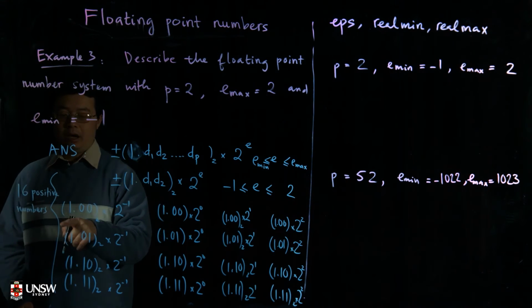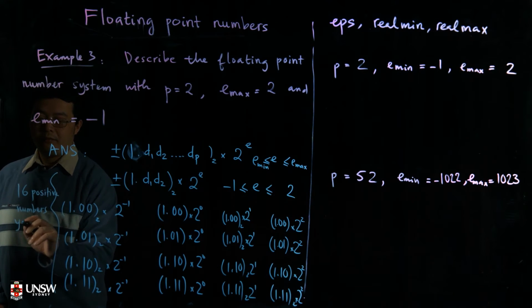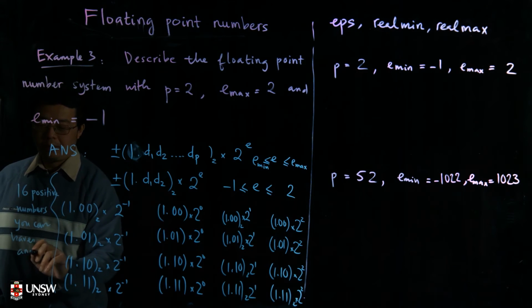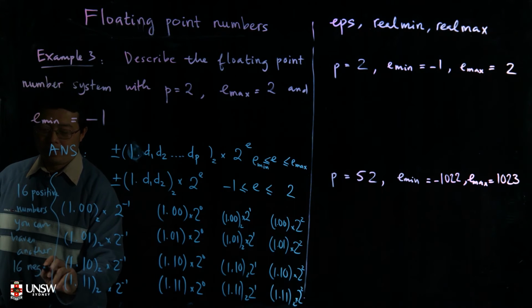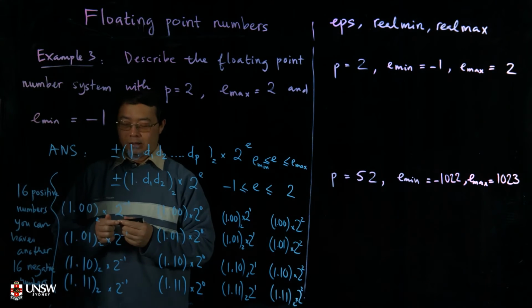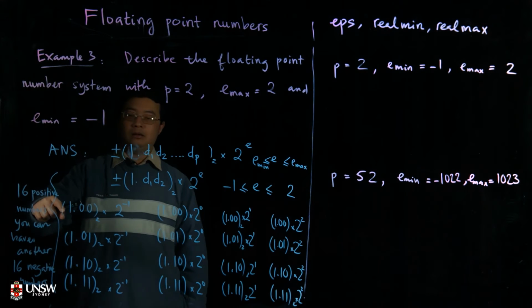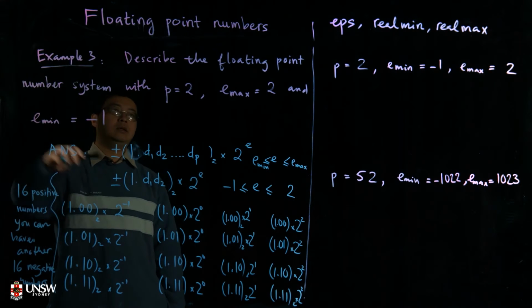Similarly, if you change the sign, remember this is a plus, you can have another 16 negative numbers. You just use the same values here, but change the sign. Then you have all the numbers in this system.